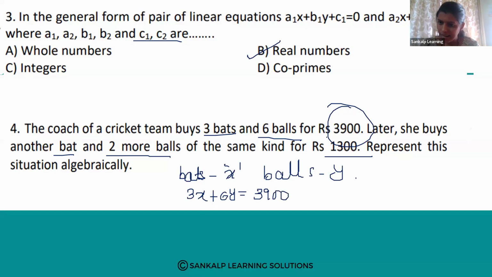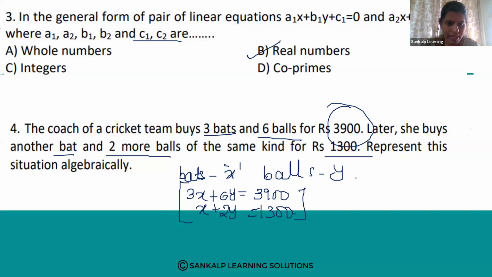Next, later she buys another bat, meaning only one bat. That means x plus 2 more balls, that is 2y is equal to 1300. So this is the algebraic representation of the situation.